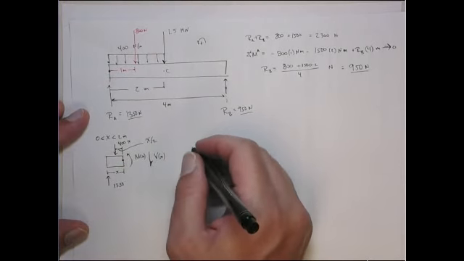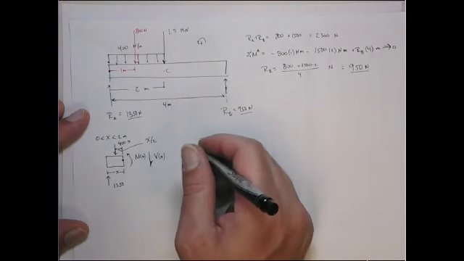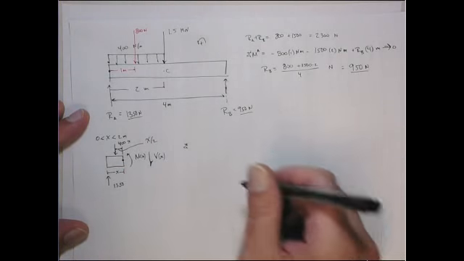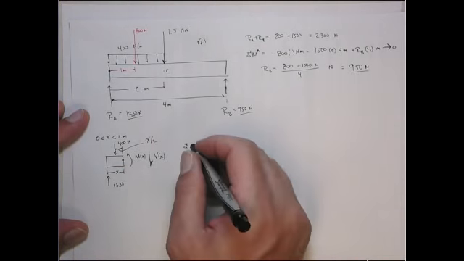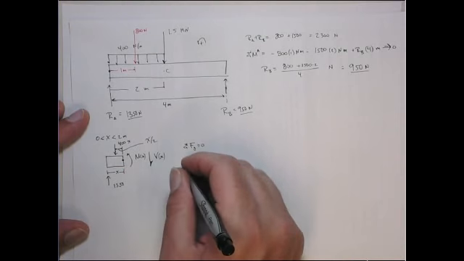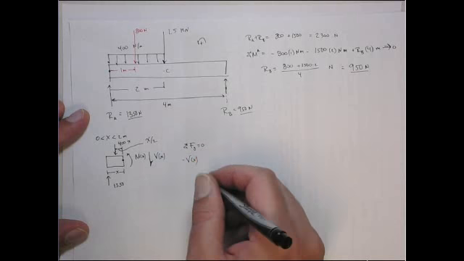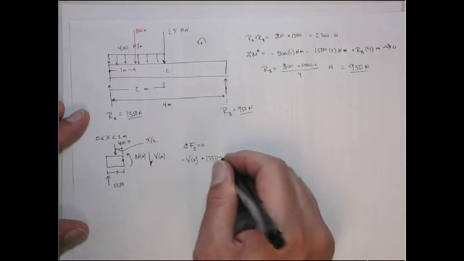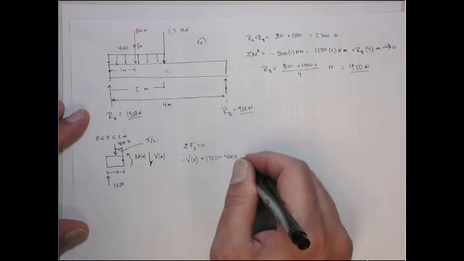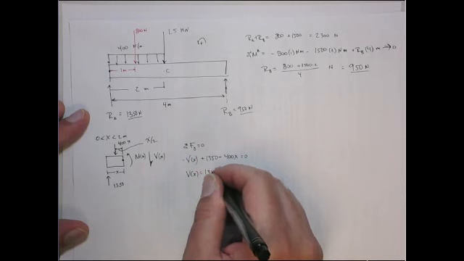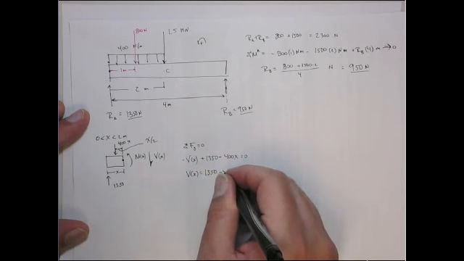Now if we do sum of forces, I don't need to do moments. Sum of forces in the y direction equals 0. That gives me minus the shear plus 1,350 minus 400x equals 0, or V of x equals 1,350 minus 400x.